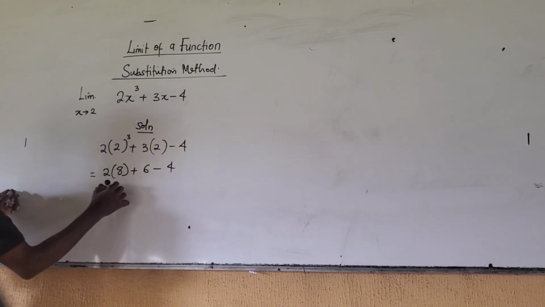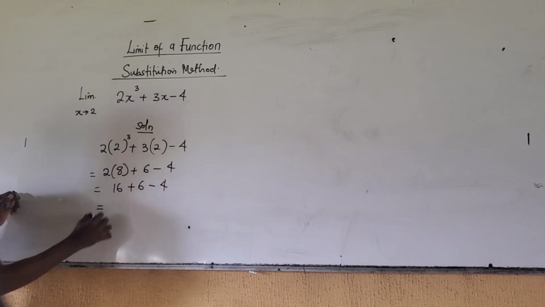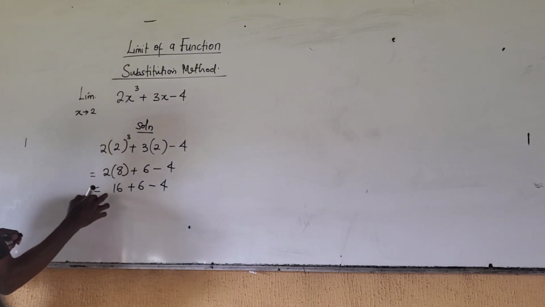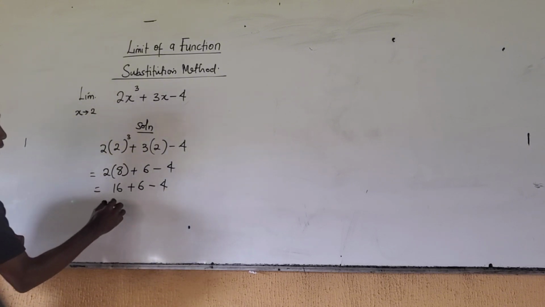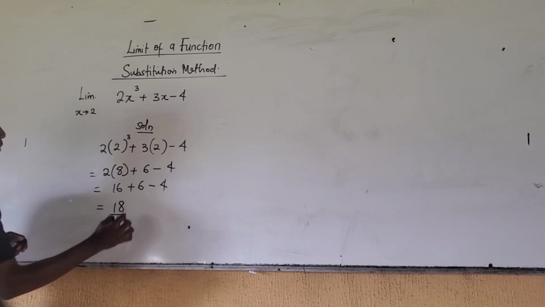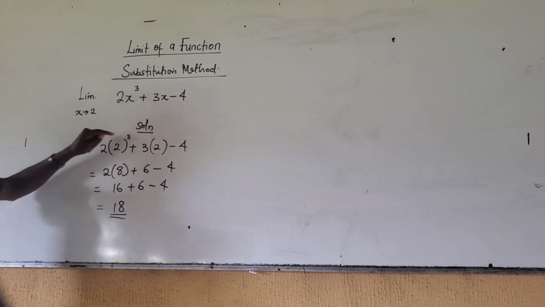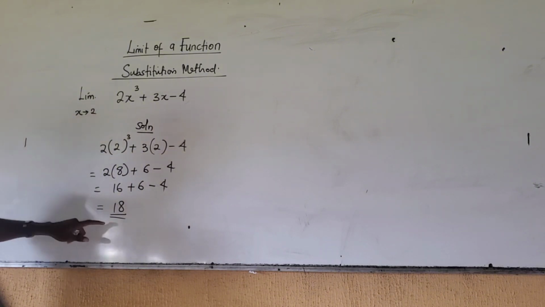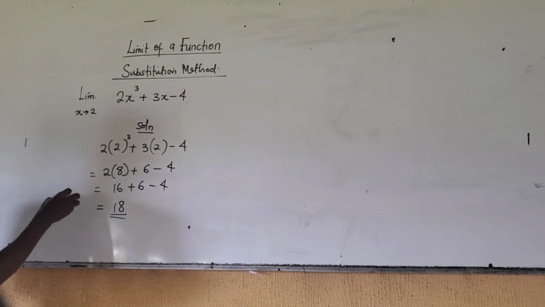Our final answer will be 16 plus 6, that's 22, minus 4, and that's 18. So the limit of this function 2x cubed plus 3x minus 4 as x approaches 2 is 18.